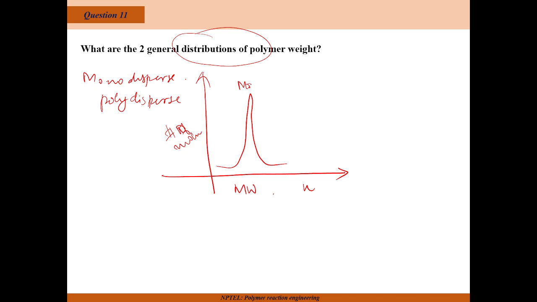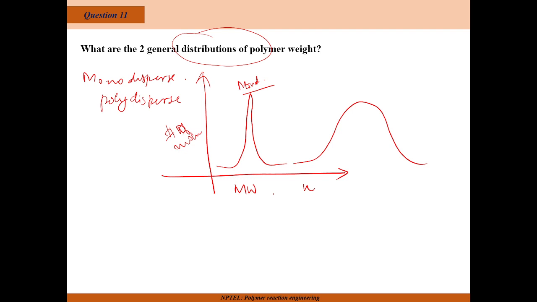For a polydisperse case, this will be a much broader peak. It says that the polymers are made of multiple molecular weights. The polymerization has happened with polymers of a wide range of molecular weight.